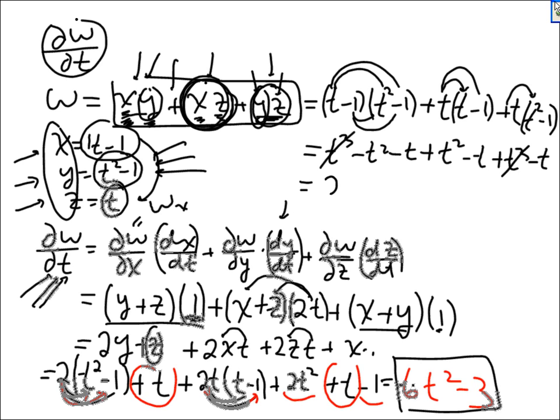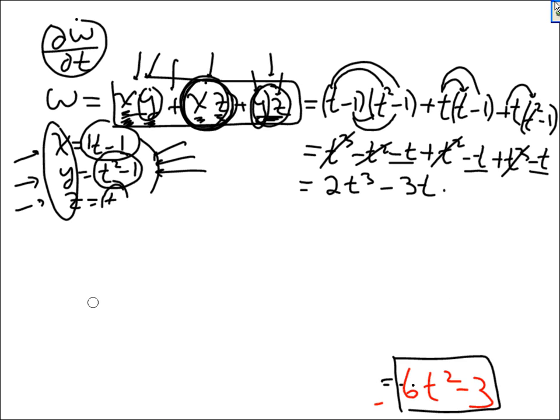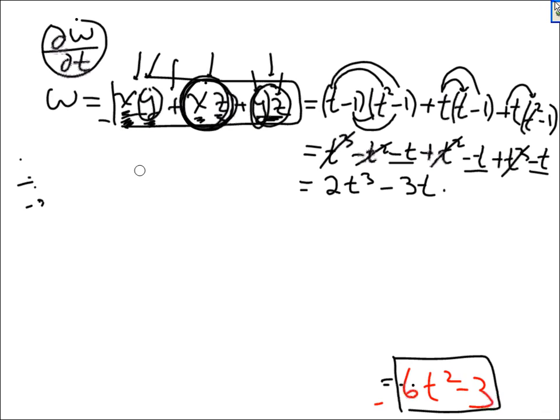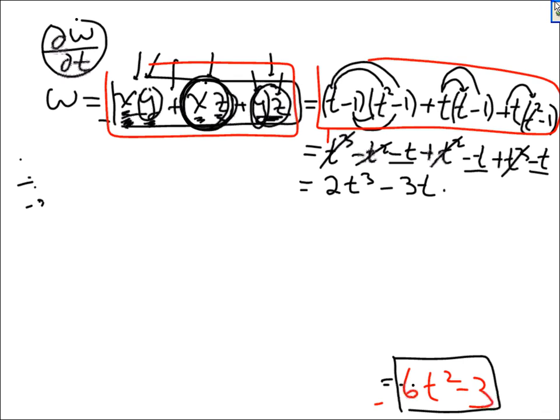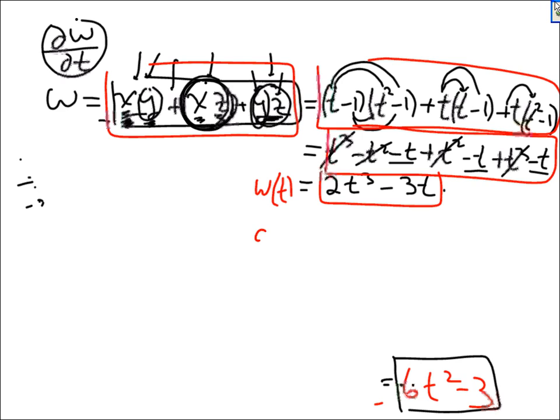Okay? Let me get rid of everything on the bottom except the answer. We now have w in terms of t. It says w equals this, which equals this, which equals that, which ultimately equals that. That's what w is. W is now a function of t.